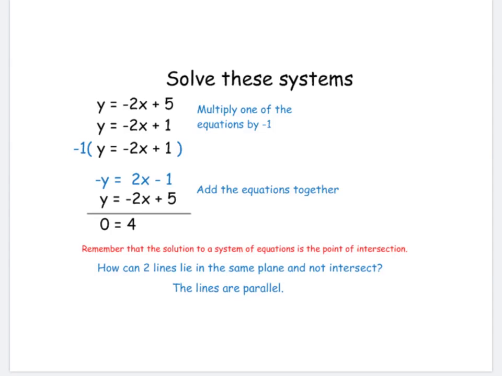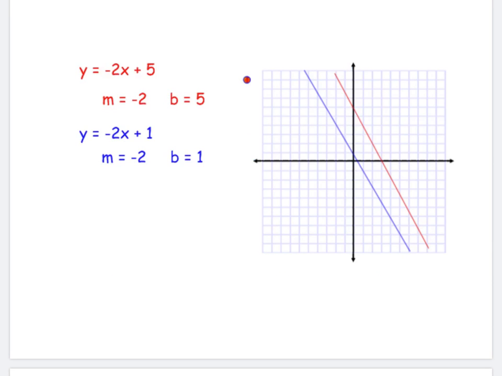So if there's no solution, that means that the lines never intersect, right? Because then there's no point where they cross. So if there's no solution, that means that these two lines are parallel. This would be an example of those two lines graphed, and as one can see, they do not intersect, they are parallel.